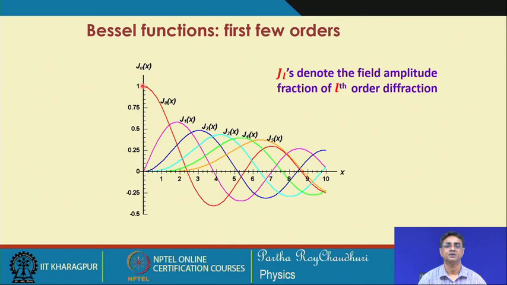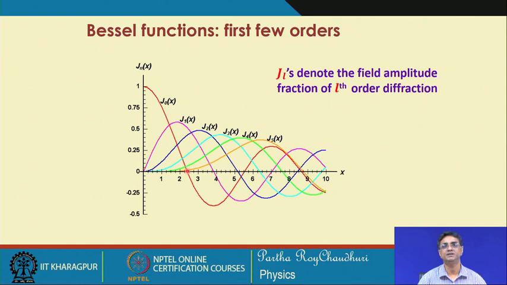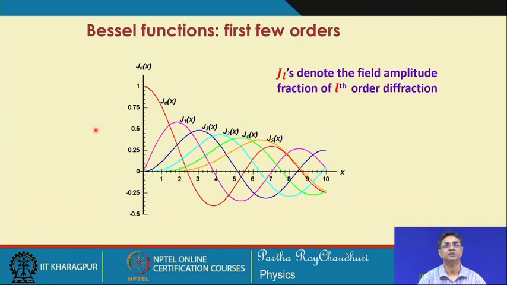So, the 0th order starts from the maximum, and as you increase x, which is phi 1, you can see this x is phi 1 here. So, when phi 1 is 0, if there is no delta n, only this quantity J0(x) is present, and all the others are absent, because at phi 1 equal to 0, all the higher orders of the Bessel function are equal to 0.